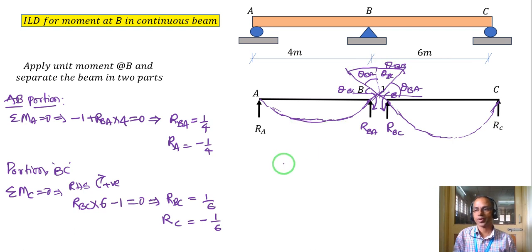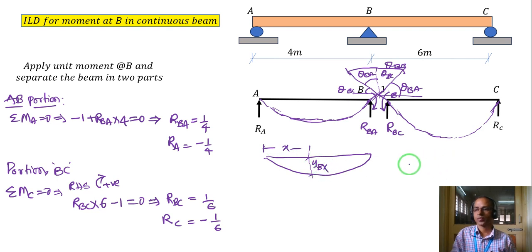So if I take a separate ordinate here for this span AB, taking a section from here, x here, I have an ordinate called, let us say, YBX. And for the other span, the longer span with larger deflections, taking x from the B support, this ordinate is again YBX.